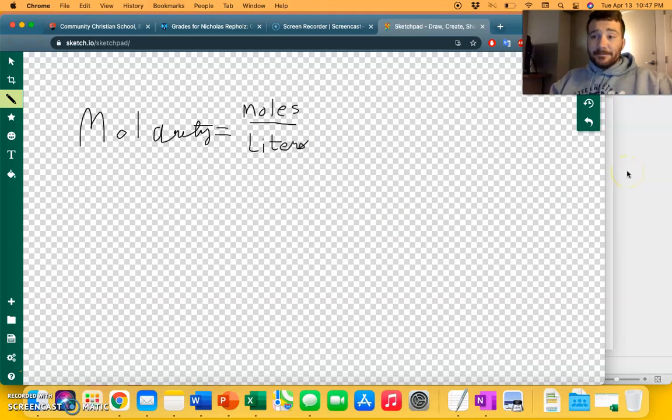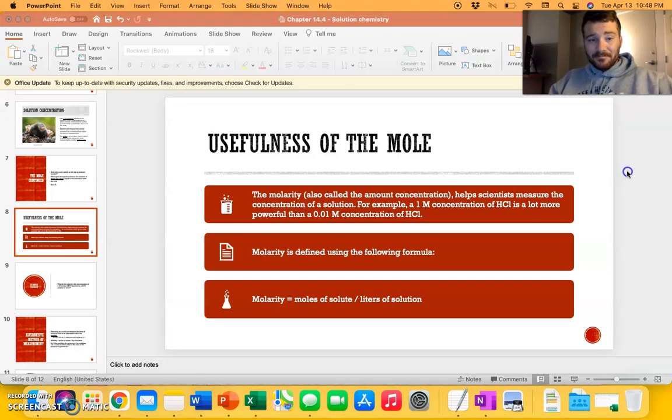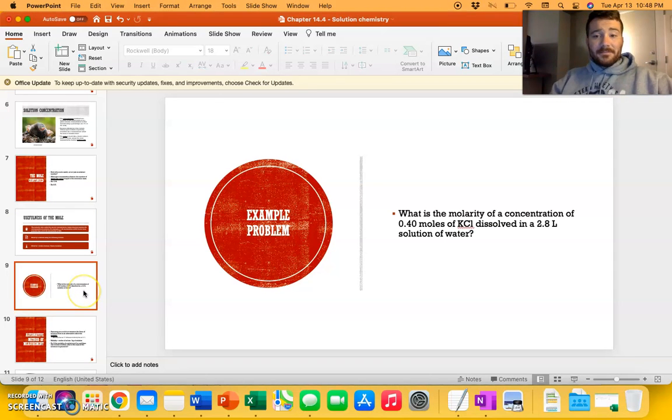Your test, along with your homework today, will have example problems exactly like the one on the next page. That is, what's the molarity of a concentration of 0.4 moles of potassium chloride dissolved into 0.8 liters of water?